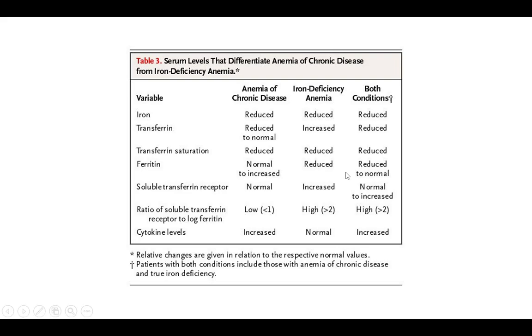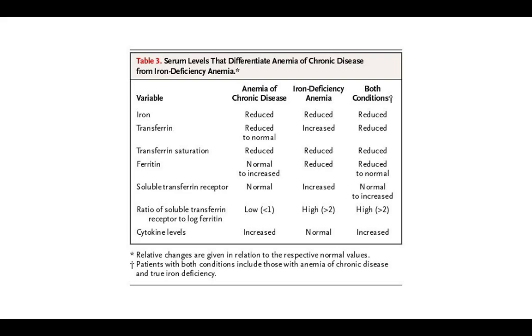Transferrin saturation is reduced in both cases. Ferritin is very much reduced in iron deficiency anemia, but in anemia of chronic disease it is normal or increased. So this is what I'm saying from the beginning.